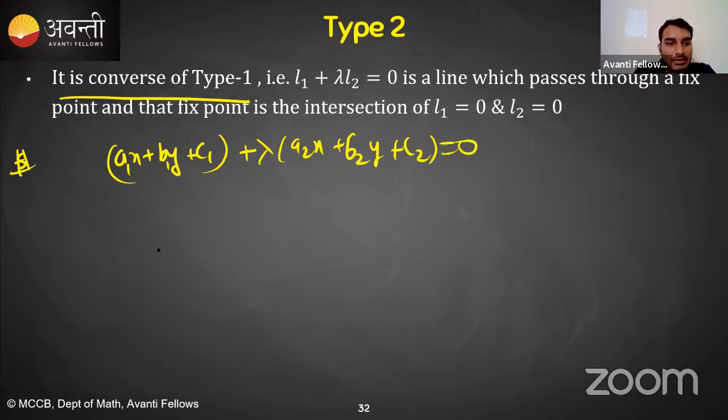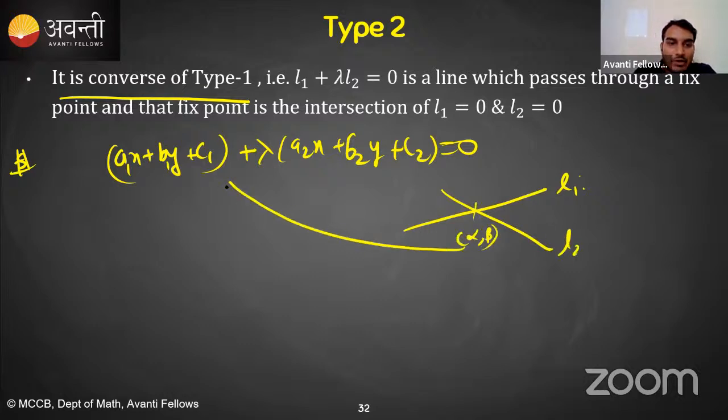One of the lines is L1, another line is L2, and the point of intersection is alpha comma beta. So alpha comma beta is lying on L1, and alpha comma beta is lying on L2. So it should satisfy both lines L1 and L2, and you will get 0 equal to 0. Yes or no?